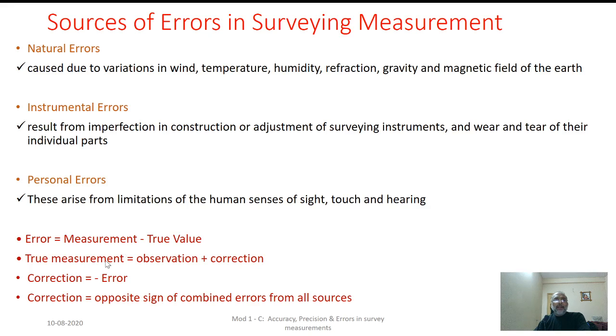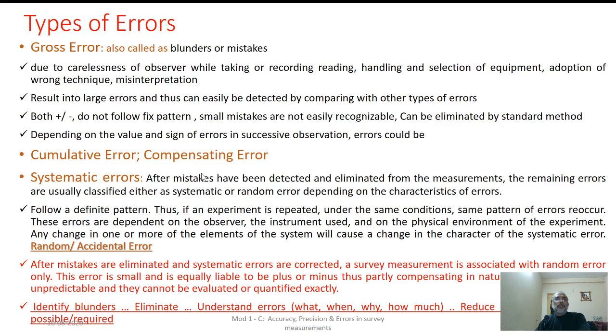The true measurement is hence nothing but the observed value plus a certain correction. This correction always has the opposite sign of the error. Hence, these corrections can be expressed as the opposite sign of all the combined errors because of natural, instrumental as well as personal errors. We can even think of types of errors.